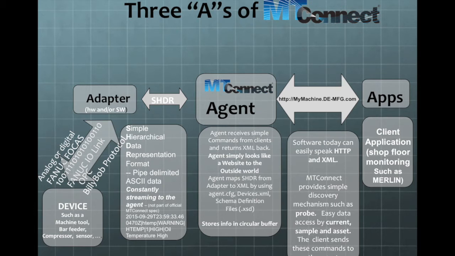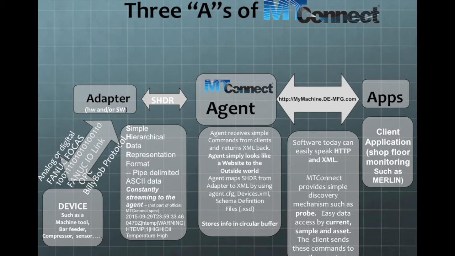I can then do a current, which tells me what is currently happening with this particular device by talking to the agent. And an agent can talk to multiple adapters. An adapter can talk to multiple agents. And I can start going through and doing samples. And I can also talk to it using a command called an asset, which is formerly called a mobile asset.